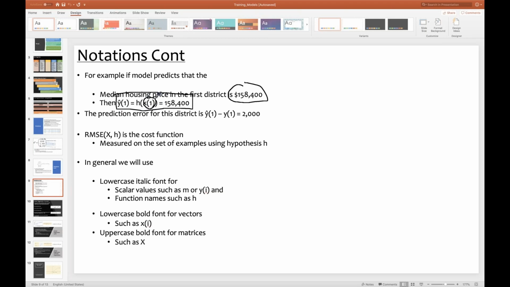Now you also need to find the prediction error, and the prediction error is nothing but Y cap of 1 minus Y of 1 equal to 2000. Perfect. Now how can you find the errors? You find the errors using root mean square error. We are not jumping into root mean square error yet, but we need to understand the formula of what is X and what is H.